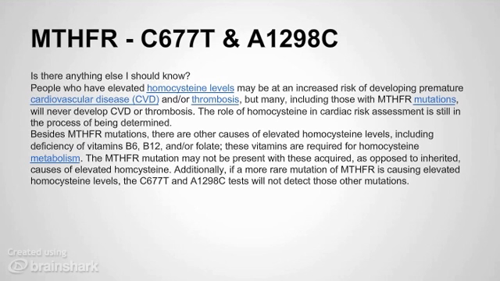So, subnormal homocysteine is also not good, and usually this is common in children with ADD and attention deficit hyperactivity spectrum disorders. When it's abnormally low, it's also a problem. Then you do need to replace glutathione.